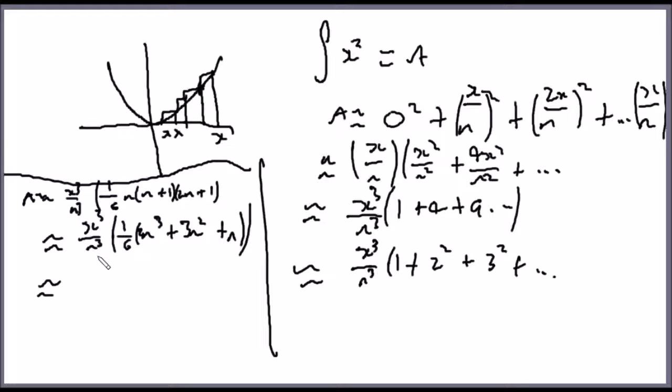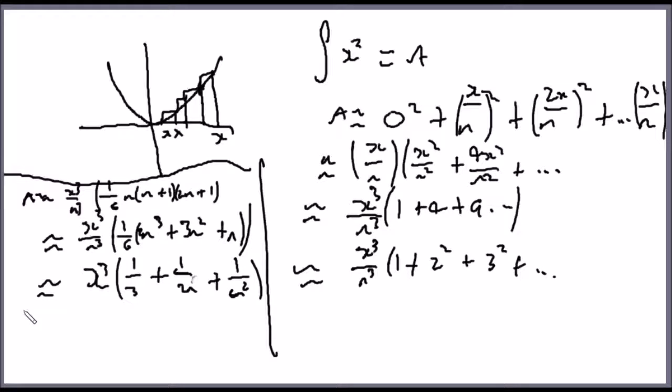So it can be x cubed times a third, plus, no, apologies, it's actually 1 over 2n, plus 1 over 6n squared.